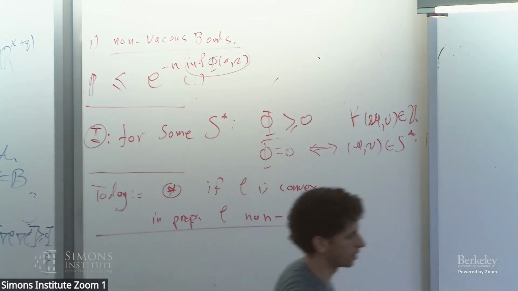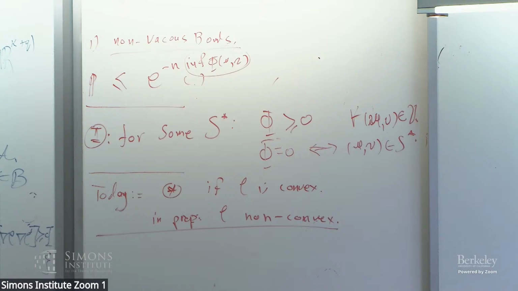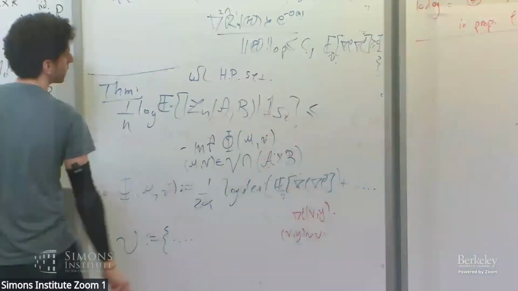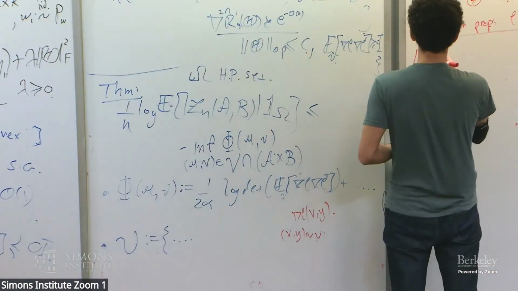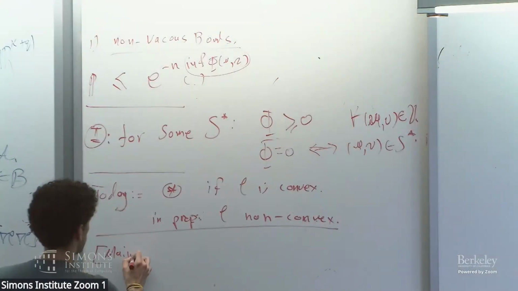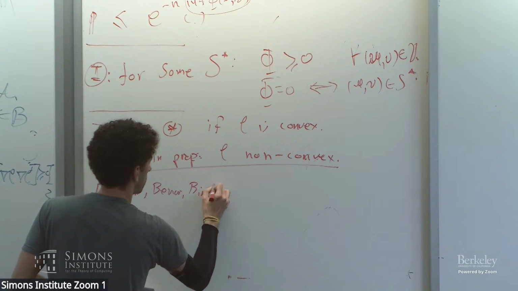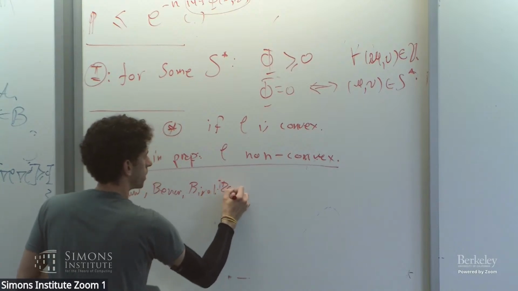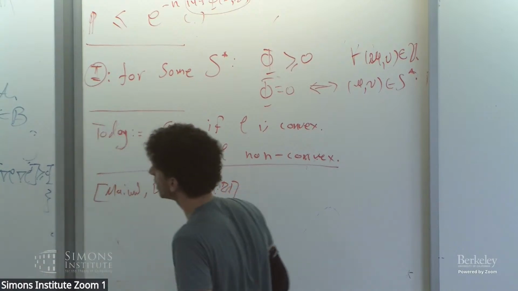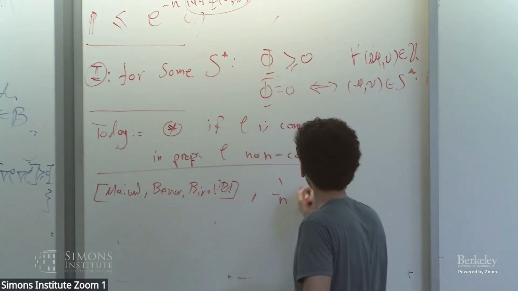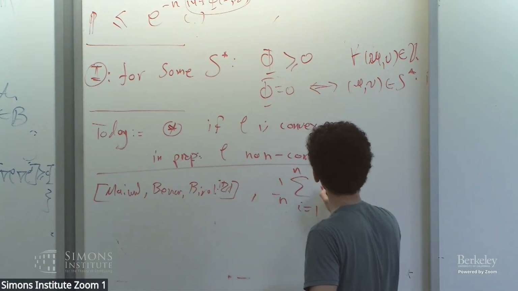Again, a bound like this was done in this paper by Antoine Maillard, Ben Arous, and I think Biroli. They derived something similar on the following loss, the following ERM problem.